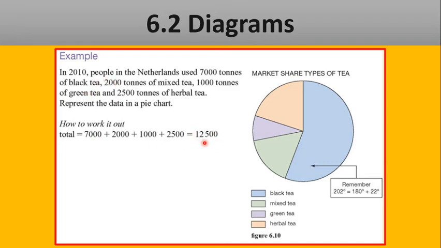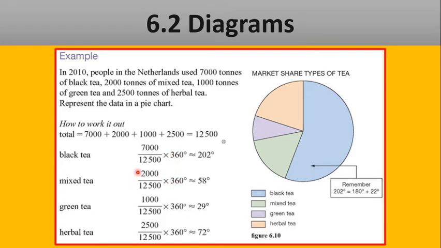So our total is 12,500 tons of tea. And now we can calculate the degrees that correspond with each kind of tea. So black tea is 7,000 ton. So 7,000 divided by 12,500 times 360. And we can do that for all the tea that is given to us.